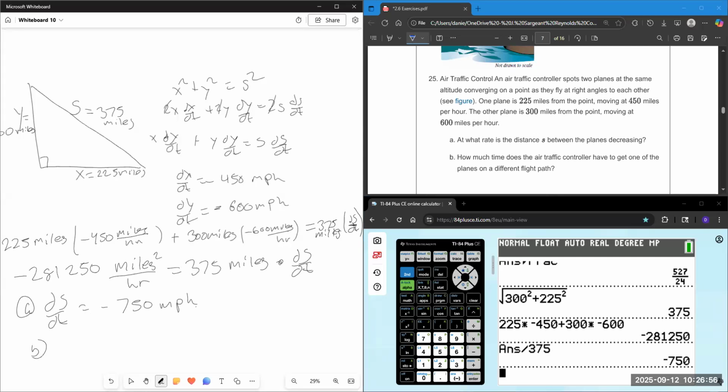Part B says, how much time do I have to have the air traffic controller tell them to take different flight paths so they don't run into each other? So I have a distance of 375 miles that is being closed at a closure rate of 750 miles per hour.